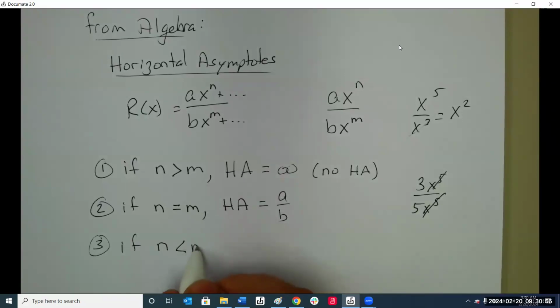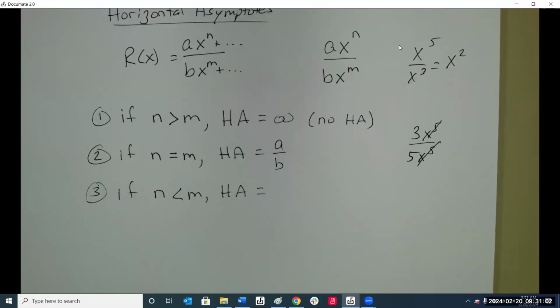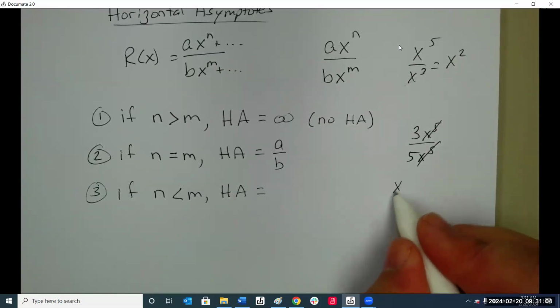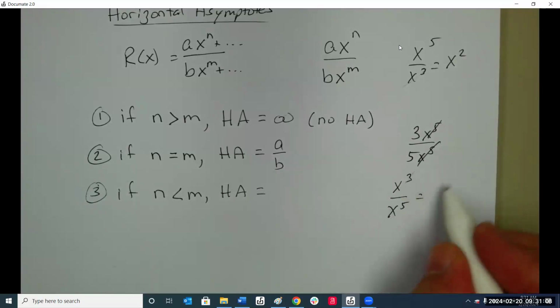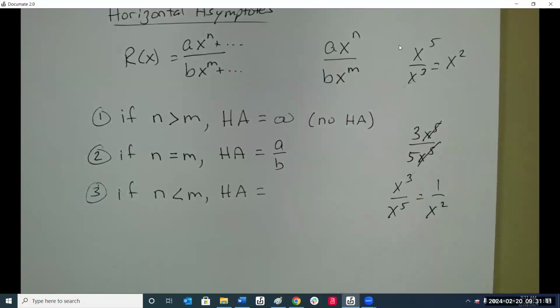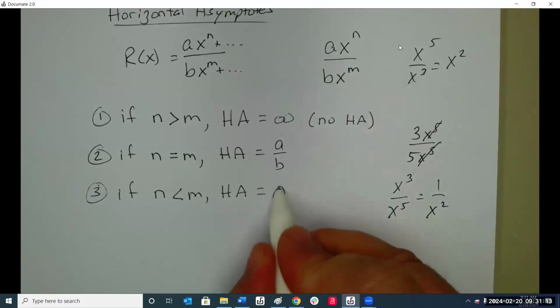Then if there's more on the bottom than the top, those cancel, so we have 1 over x squared. As x goes to infinity, this one goes to 0.